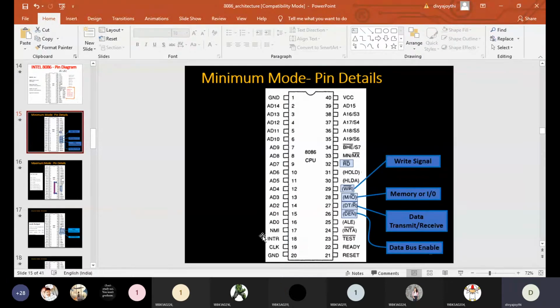What I have told you is, when any external device is sending an interrupt through pin number 18, the processor may accept the interrupt or it may deny it. If the processor accepts that interrupt but not immediately, say for example, I'm taking a class and I got a call from a student. When I am in the class, I'm not in a position to answer that call, so I haven't picked up his call. After my class, that means after execution of my program is done, the lecture is over, I am free.